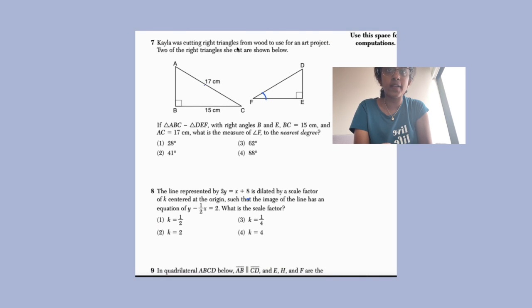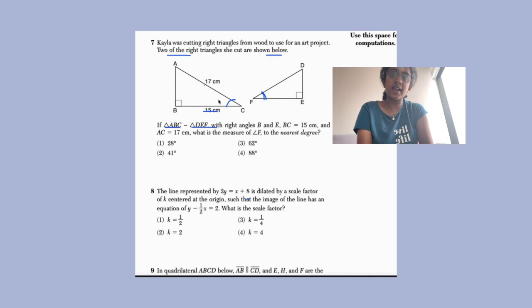Kayla was cutting right triangles from wood to use for an art project. 2 of the right triangles she cut are shown below. If ABC is similar to DEF with right angles B and E, BC is 15 and AC is 17, what is the measure of F to the nearest degree? F has the same degree as C. What do we have here?